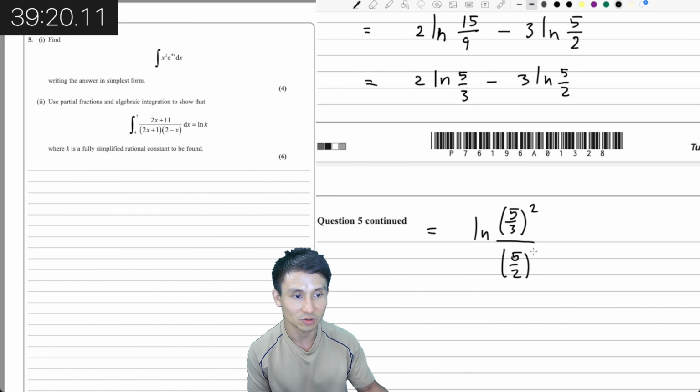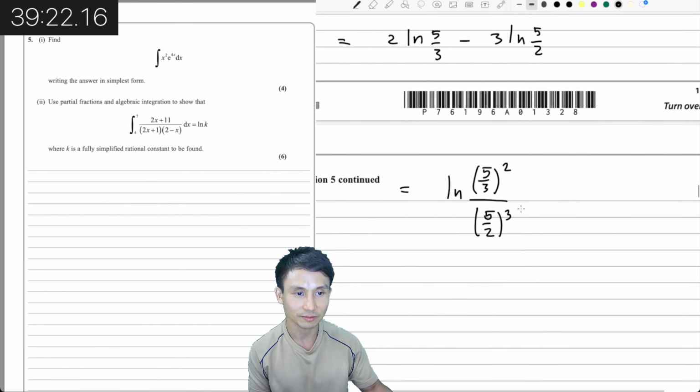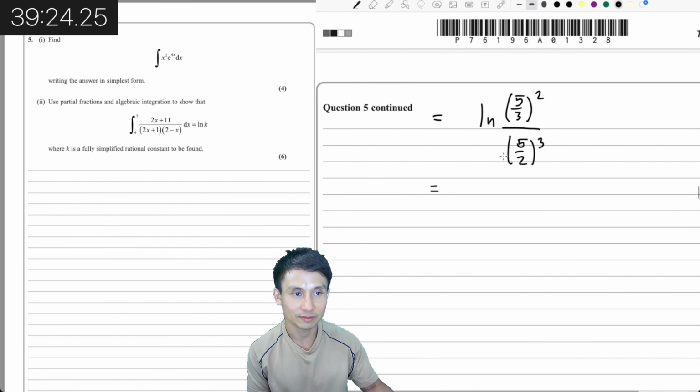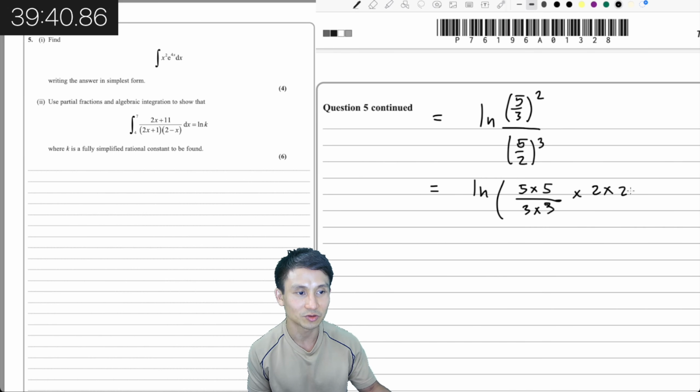So 5 over 2 to the 3, right? Yeah. So this is ln of 5 times 5 divided by 3 times 3. And then I'm just flipping the fraction, so I get 2 times 2 times 2 divided by 3 times 3 times 3, right?